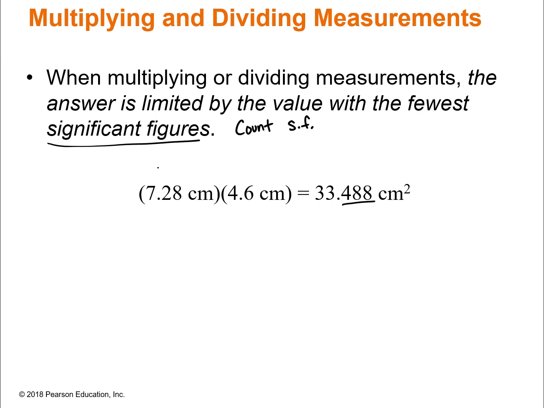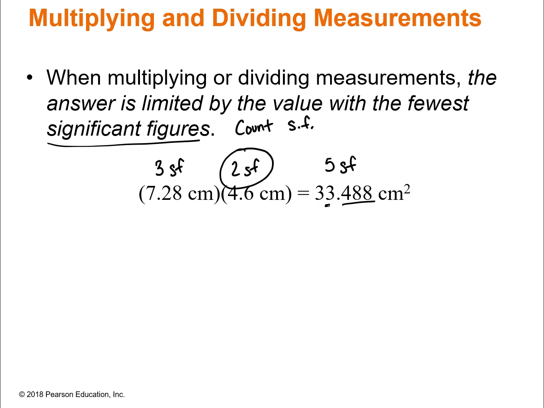But our measurements have 3 sig figs and 2 sig figs respectively. This calculator answer, however, has 5 sig figs. Not allowed. We need to round to 2, because the measurement with the fewest sig figs has 2 sig figs in it.